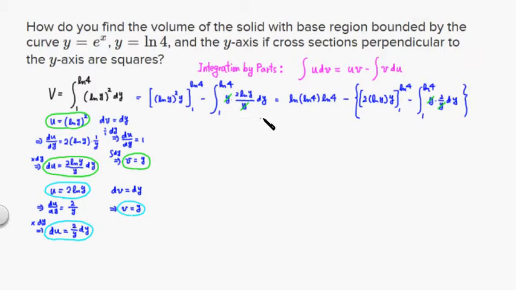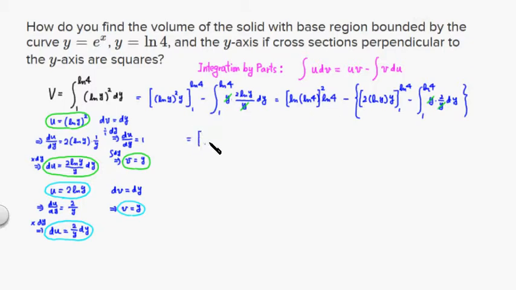Oh, actually I forgot something here. This has to be squared because there's a square here, so I have to square this guy. Sorry about that. Alright, so it looks messy, but this part is finished.